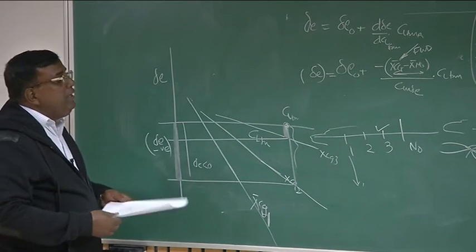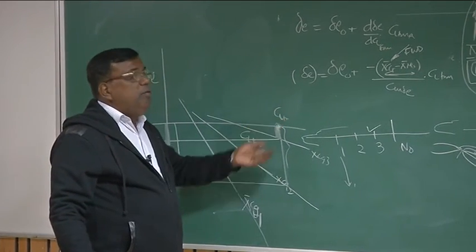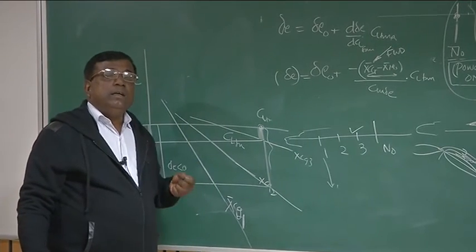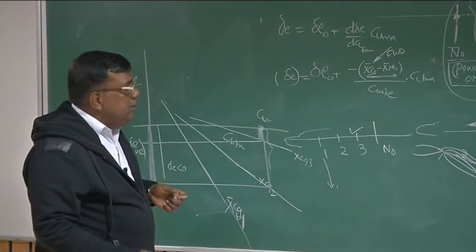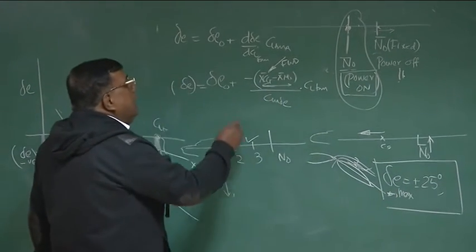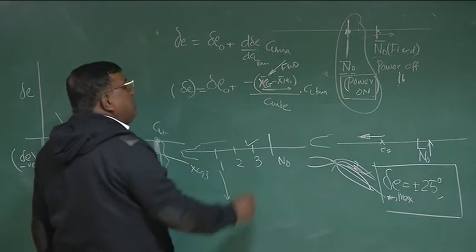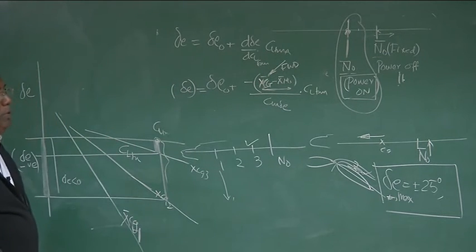Meaning is you may somehow generate CL trim, okay? But how much CL you can actually trim by elevator deflection is decided by what is the delta E max available, and hence it directly also tells you what is the maximum forward CG you can put so that your aircraft is trimmable.